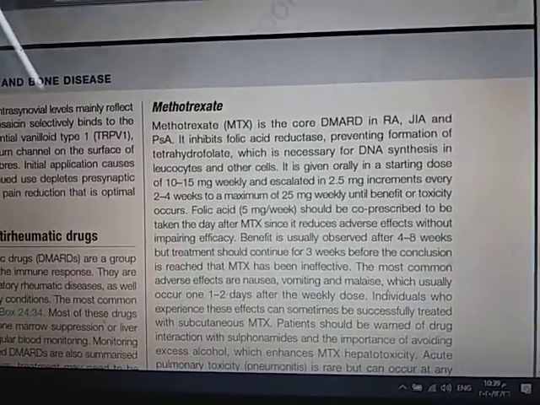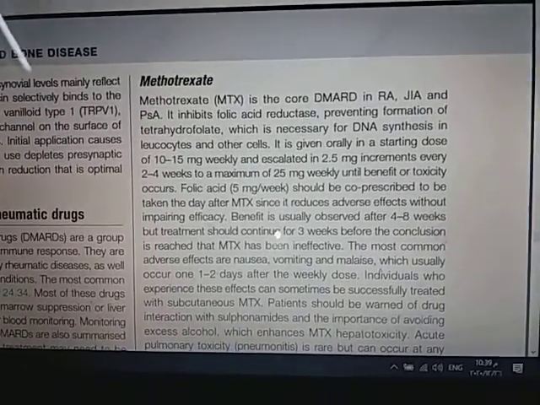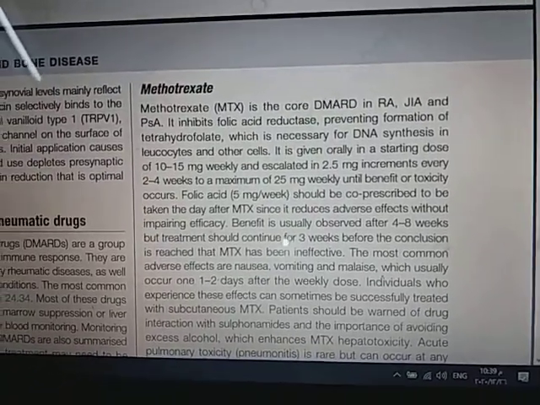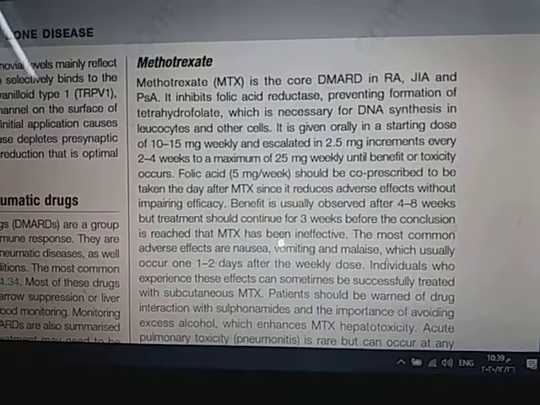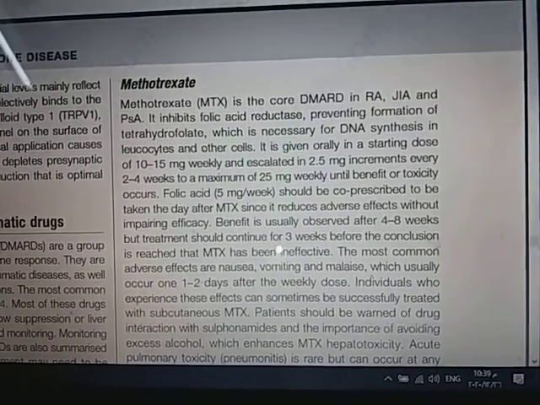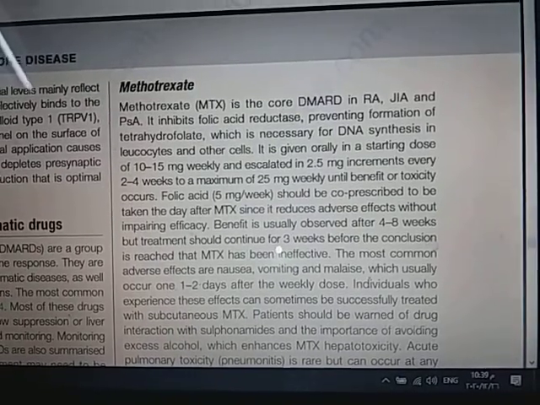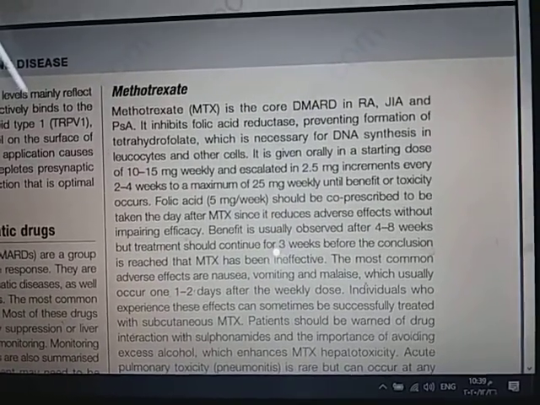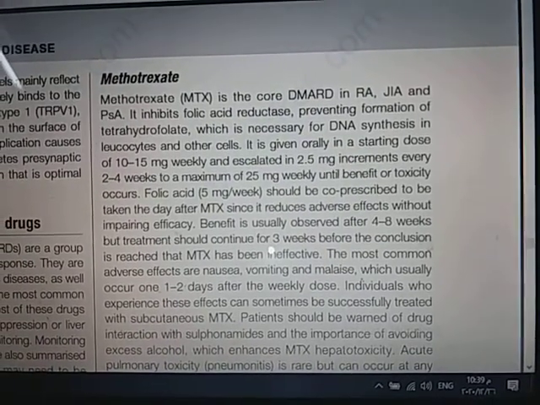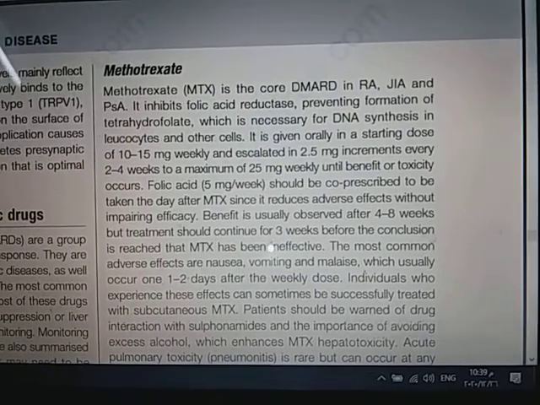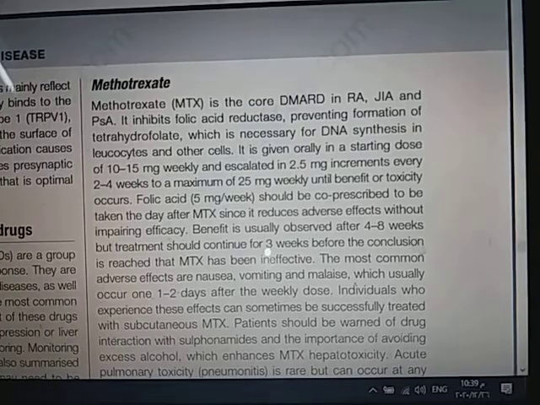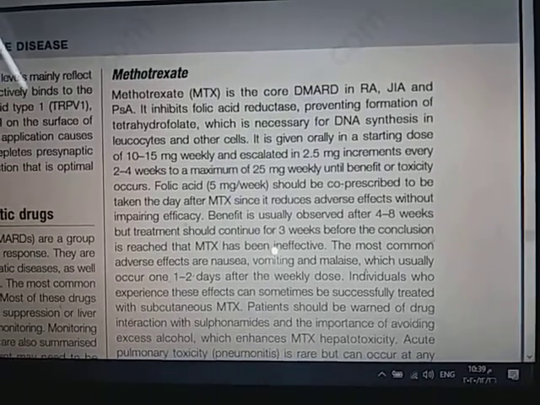Methotrexate, MTX, is the most used disease-modifying antirheumatic drug. Its action may appear after 4 to 6 or 8 weeks. So MTX is more rapid in action than other disease-modifying antirheumatic drugs.